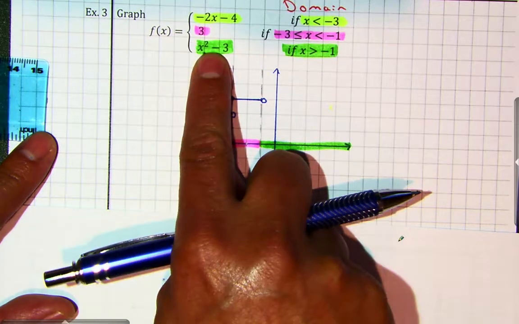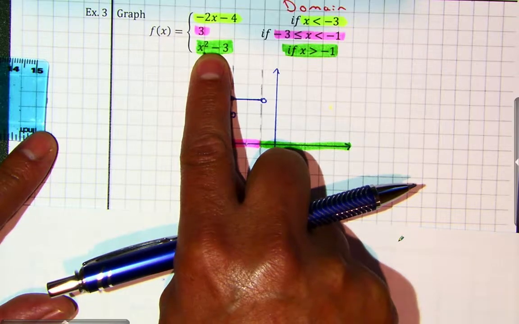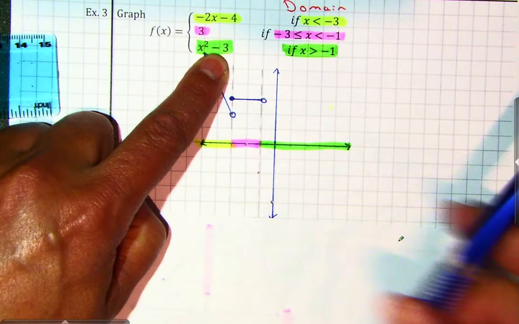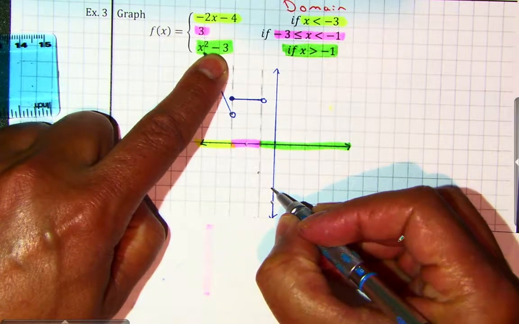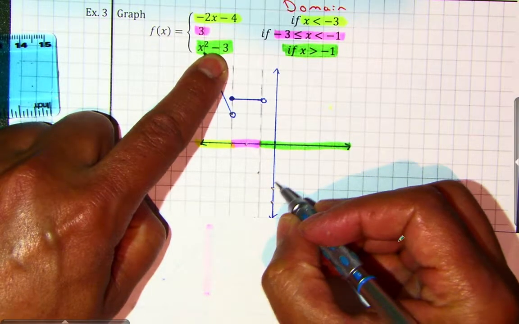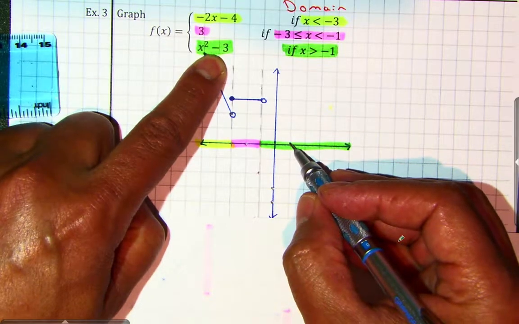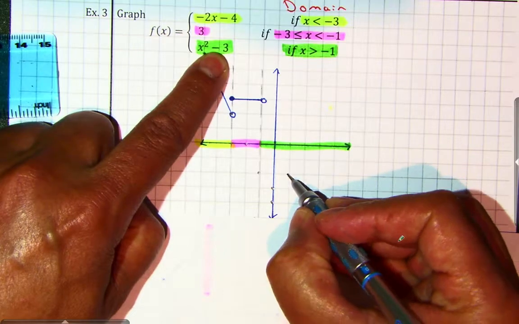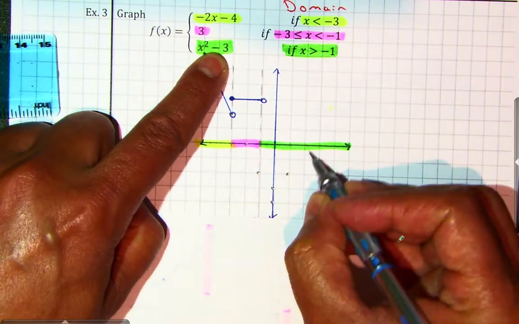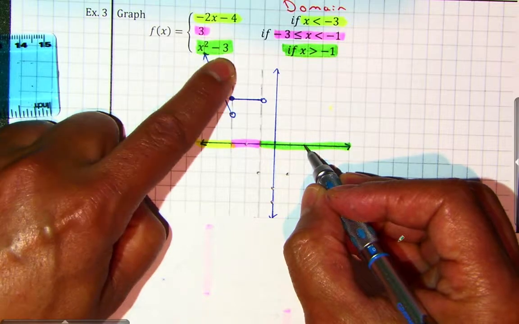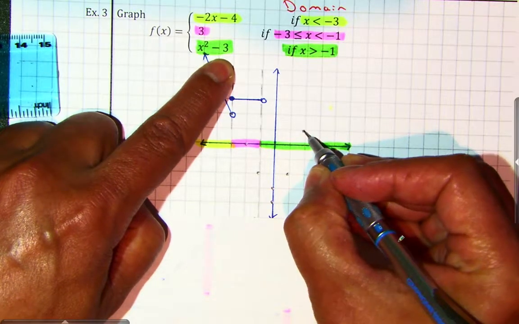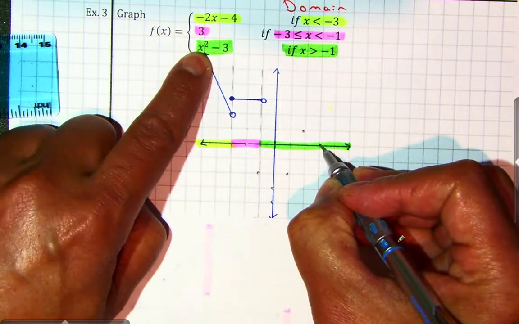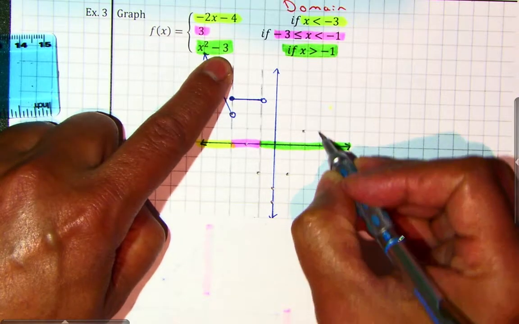In the last graph, that's a quadratic equation where your vertex is -3, 0, and then you plug in a 1. 1 squared is 1, minus 3 is -2, and you reflect it. Plug in a 2, 2 squared is 4, minus 3 gives you 1, and you reflect it. Plug in a 3, 3 squared is 9, minus 3 gives you 6.